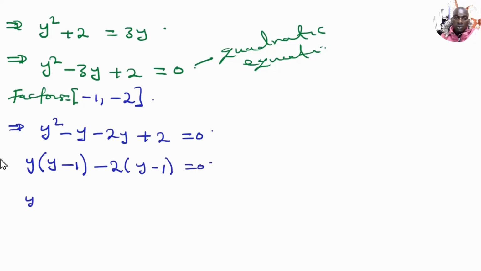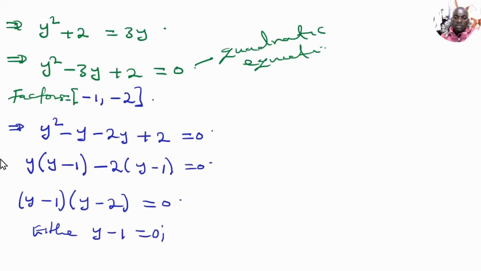Still let us pull out y minus 1, which is common, into y minus 2 being equal to 0. So from here you can say that either y minus 1 equals 0, implying that y equals positive 1, or y minus 2 equals 0, implying that y equals positive 2. So far we have got the two values of y.